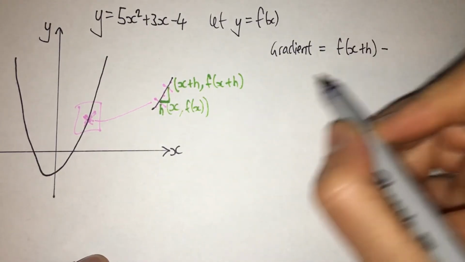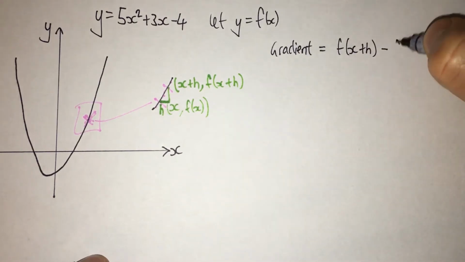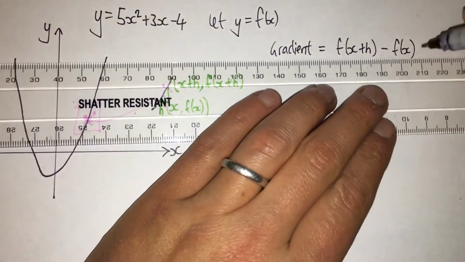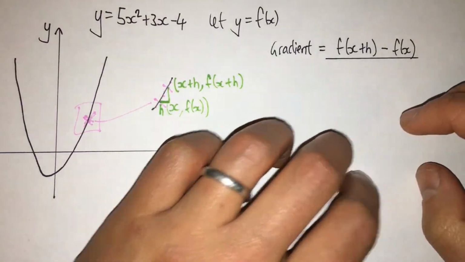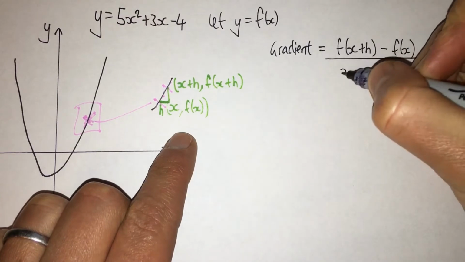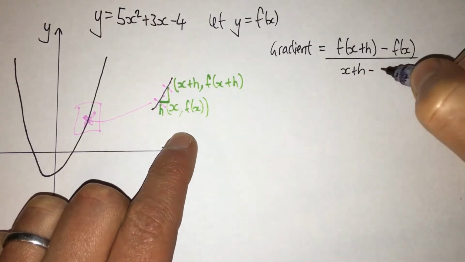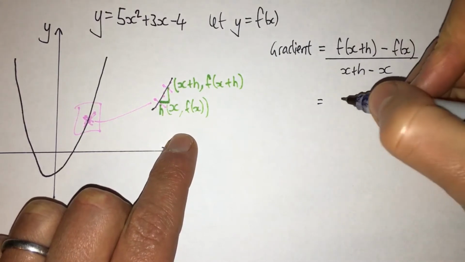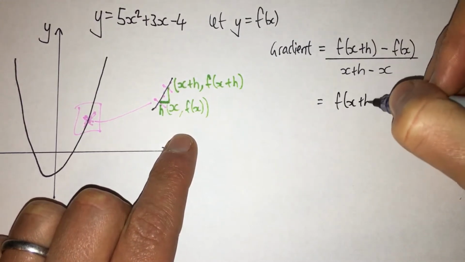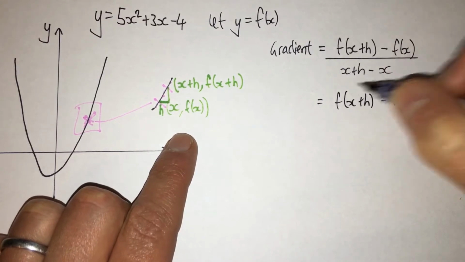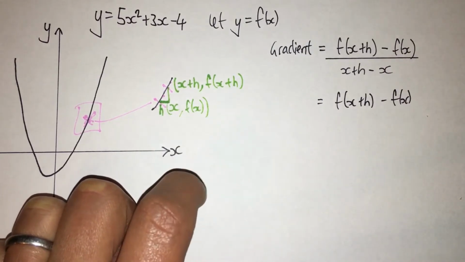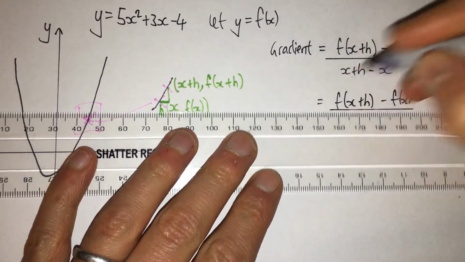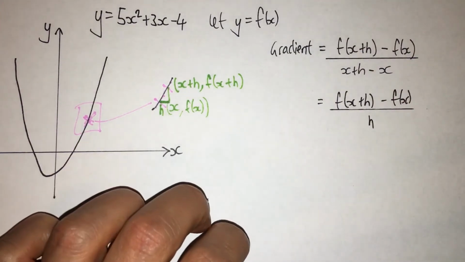We've got f of x plus h minus f of x, and on the bottom we've got x take away x, so that's going to give us just h.